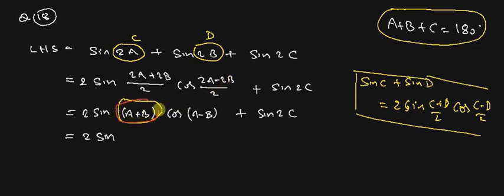A plus b, from this a plus b is equal to how much? You can write 180 minus c, right? So directly substitute here 180 minus c into cos a minus b.